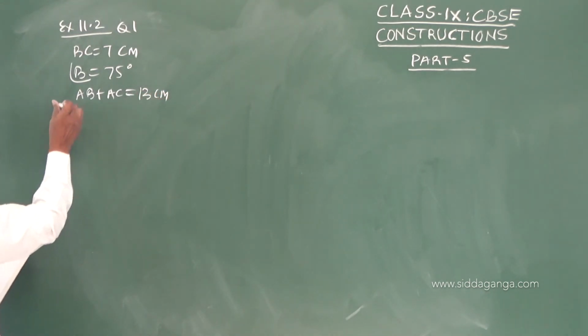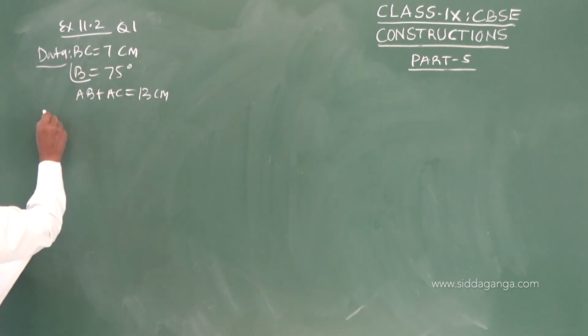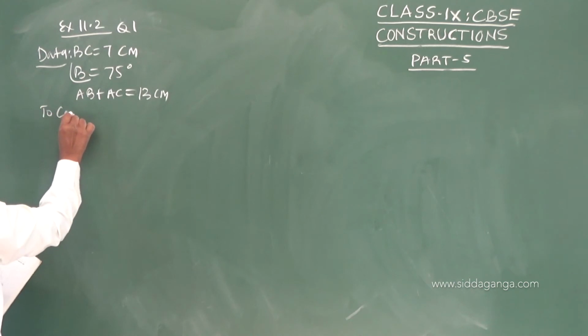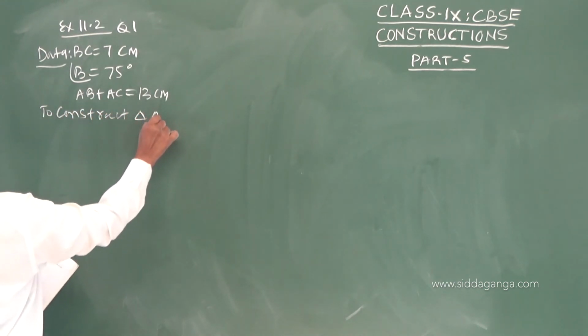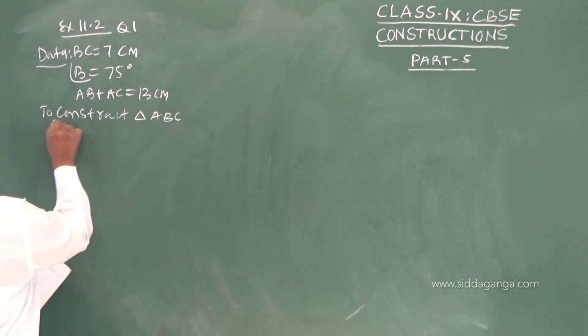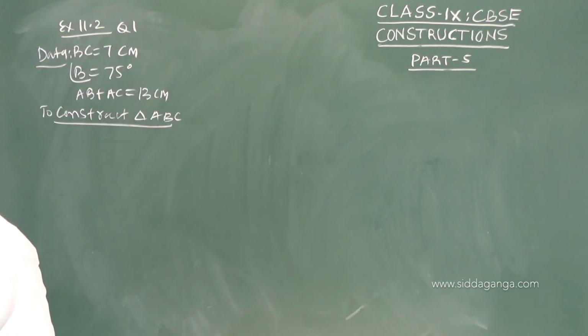So this is the given data to construct triangle ABC.